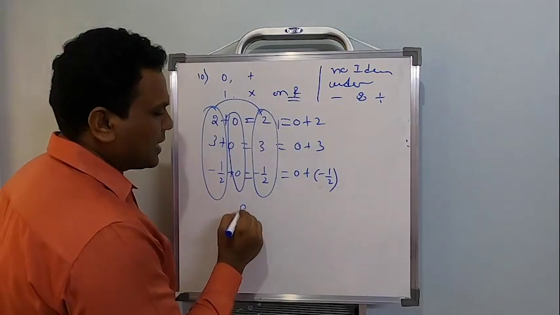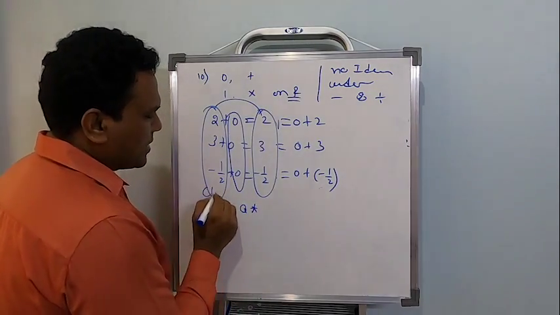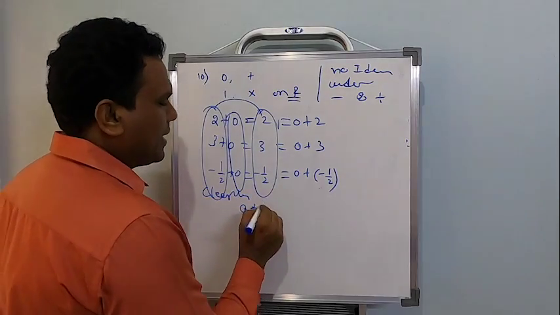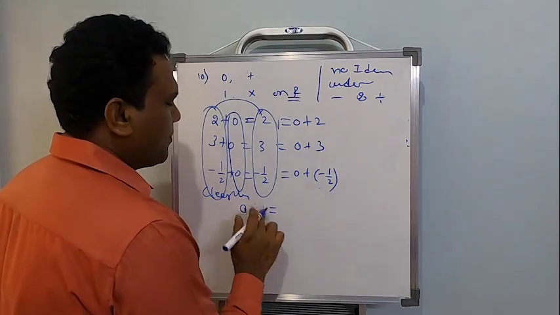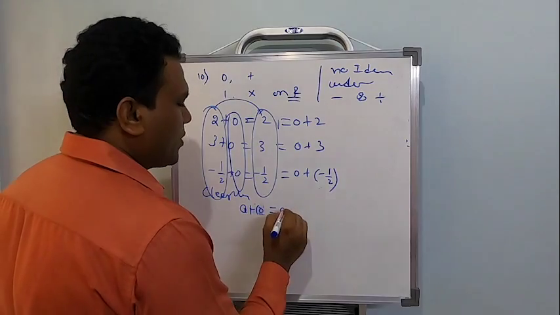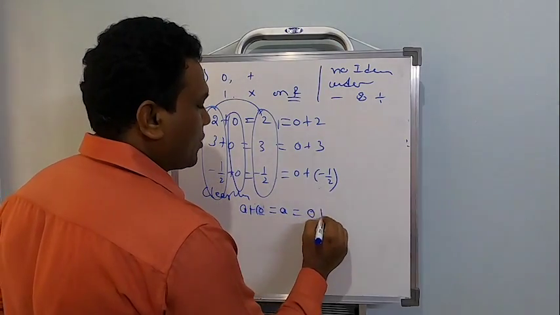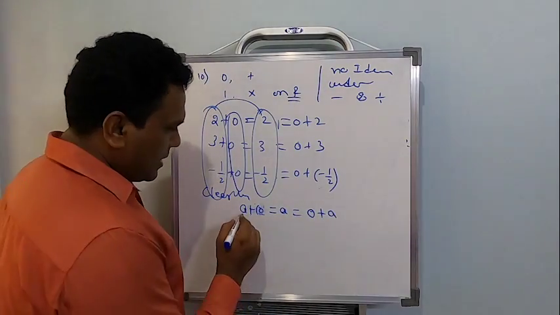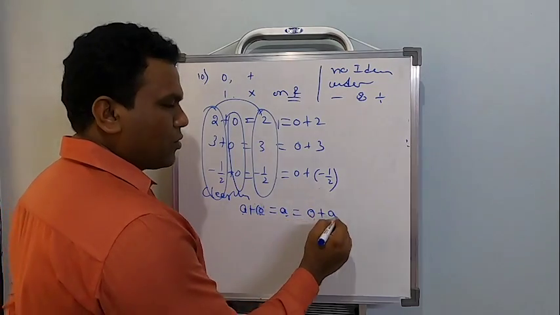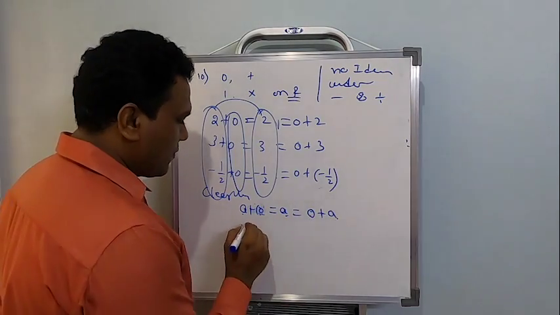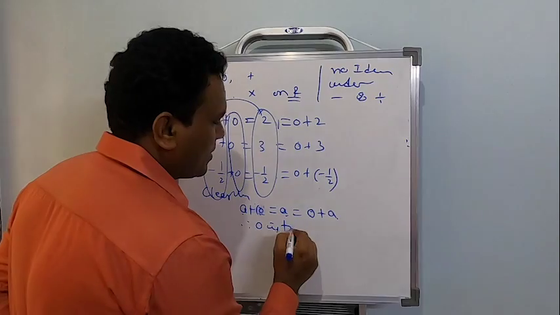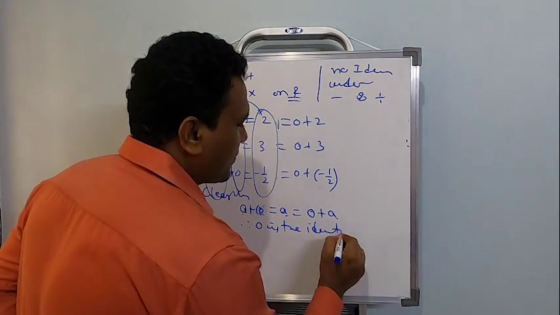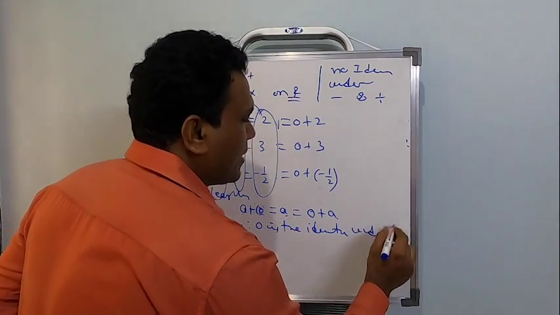So what is the property which is satisfied? Clearly you have to mention, after a few examples: A added with 0 will be equal to A, which equals 0 added with A. A star E is equal to A is equal to E star A. Therefore 0 is the identity under addition.